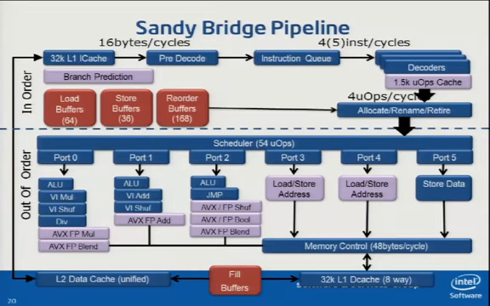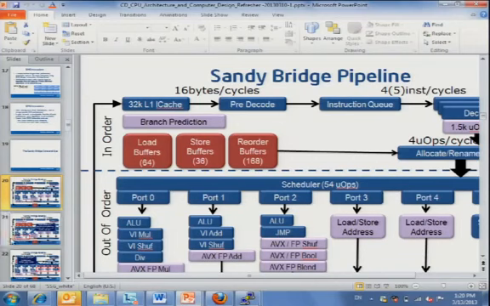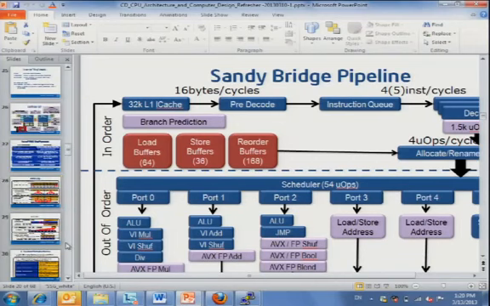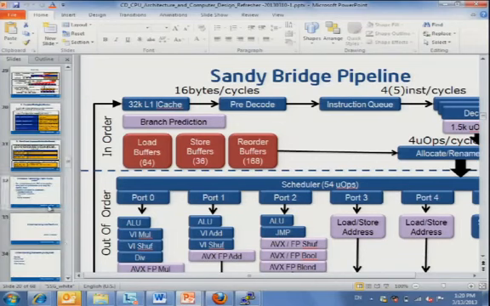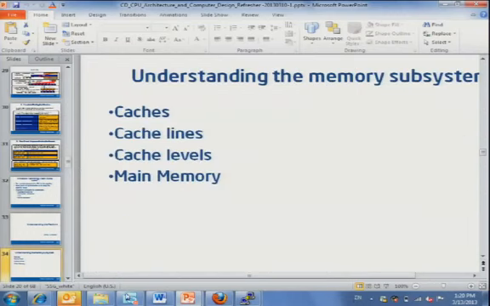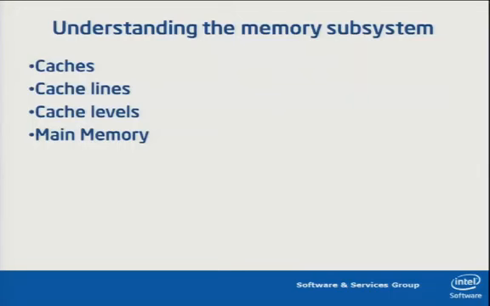Unified means you have instructions and data. We call it a data cache, but it contains addresses, so it doesn't care if it's an instruction or data. The other 2 caches basically take that apart. It's a different model of how we implement that. Now, the point is those caches are very critical to our performance.